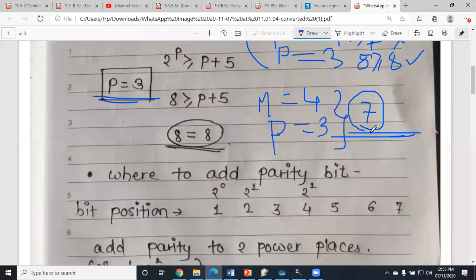Because the total number of bits I have is 7. 4 plus 3 is equal to 7. That is why I wrote bit positions from 1 to 7. Everybody is clear with this? Why 7? Because the message is 4 digits and parity we have 3. That is why 1 to 7.